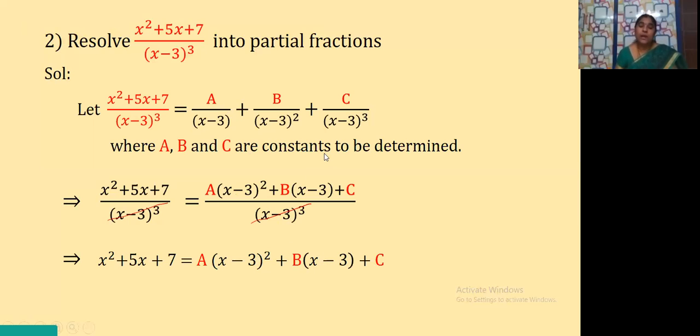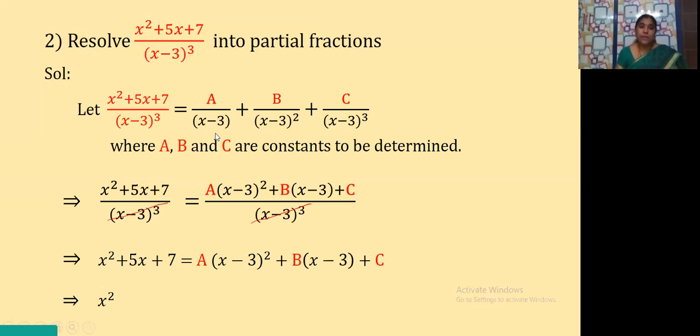Now here it is different from the previous sum, because here if you observe, we have only one linear factor. Yes or not? Here we have only one linear factor, but how many constants do we have there? 1, 2, 3. 3 constants are there. Okay. So now let us see what we can do here.